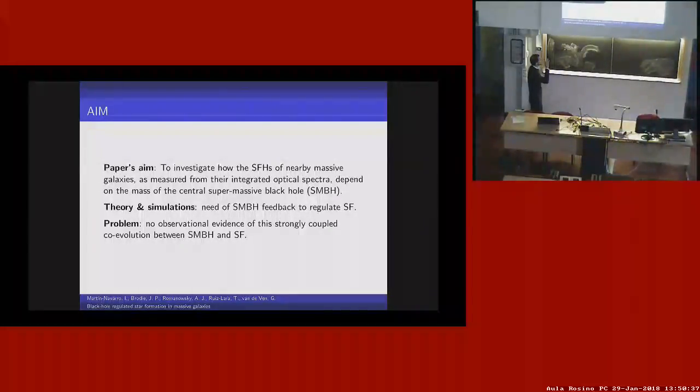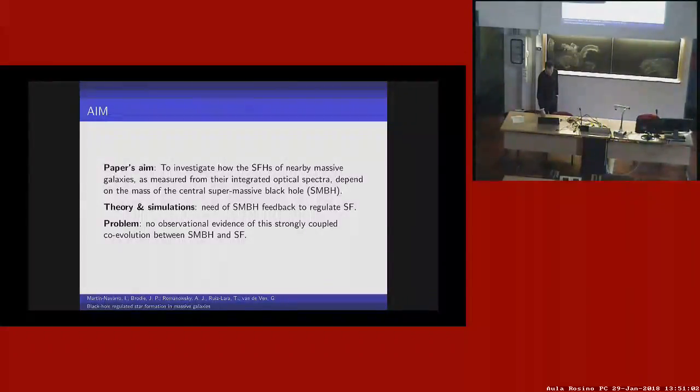I just want to point out that AGN feedback is something that is expected from theory and simulation, but up to this paper, according to the authors' claim, there was no observational evidence of this strongly coupled coevolution between the supermassive black hole and the star formation rate.